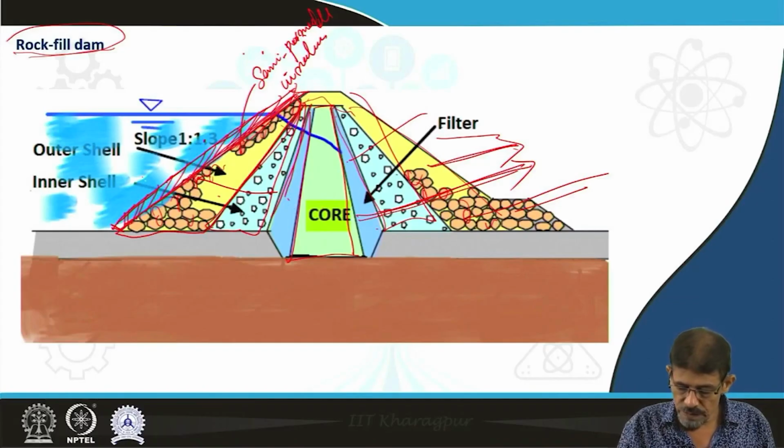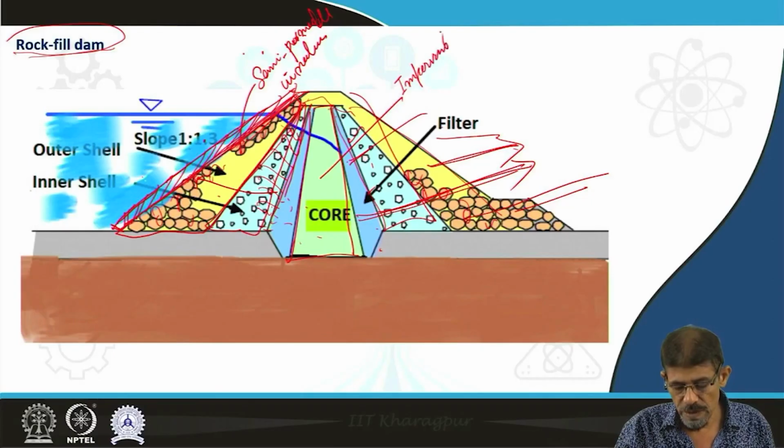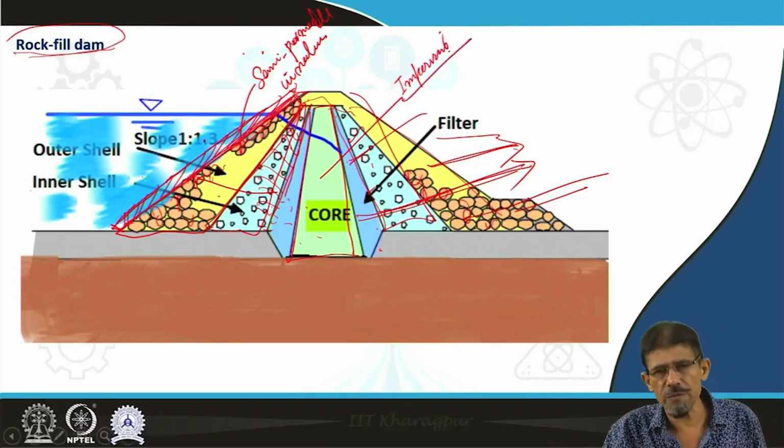This filter is going to filter the water and check the movement of water before interaction with this core. The core is purely impervious, made up of impervious material, or treated engineered soil or clay.